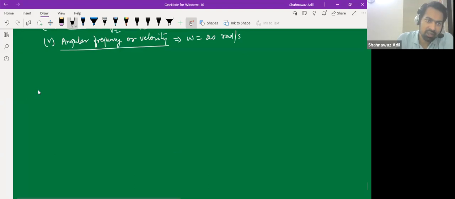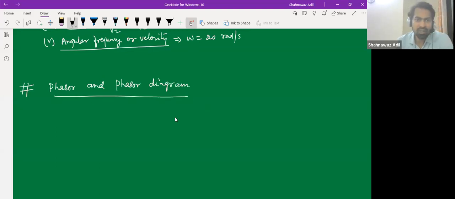So now let us do this. The next topic is phasor and phasor diagram. So what is this phasor and why do we need this phasor diagram? We know that in our case, EMF is E naught sine of omega t.